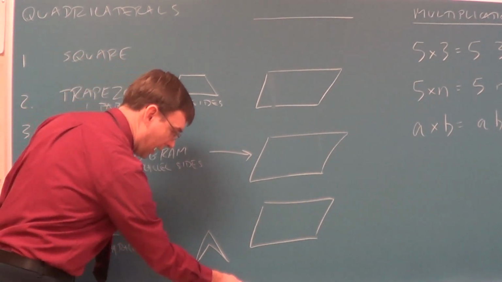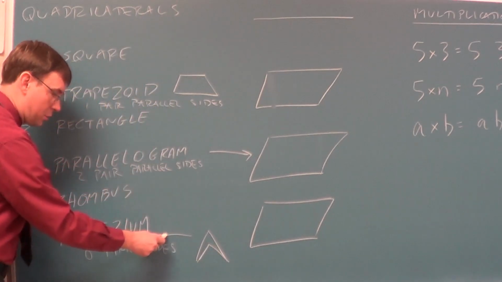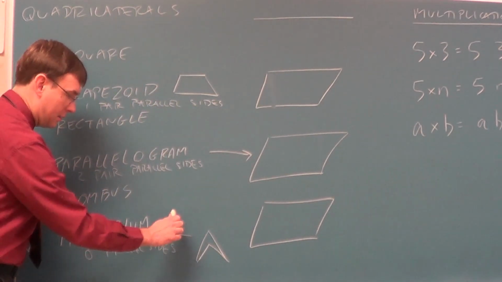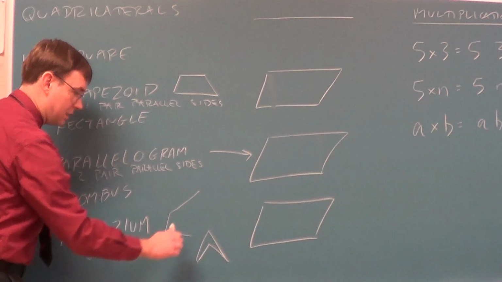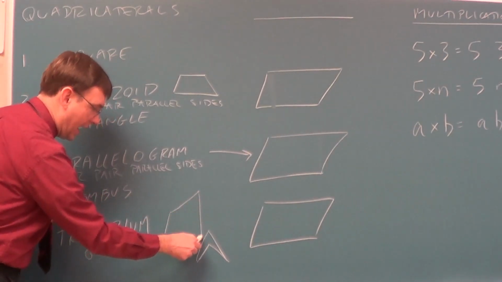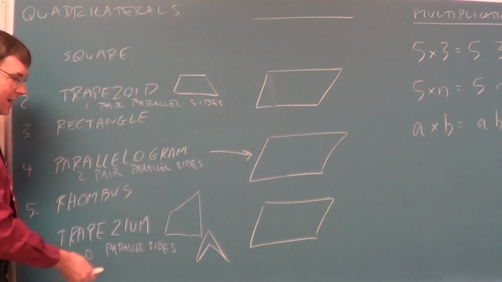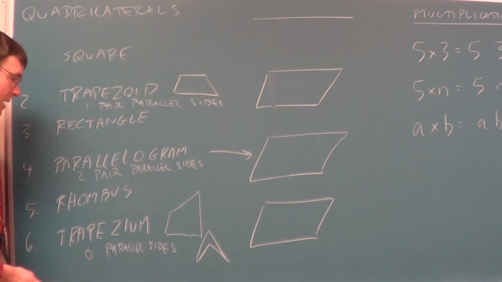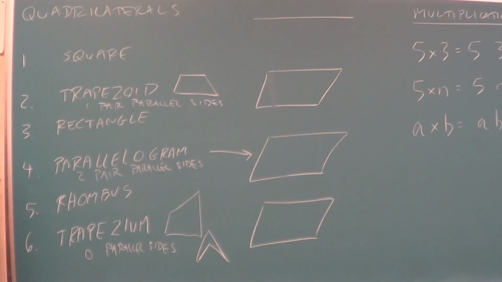Or I could go this way, that way, some other crazy direction, and then come straight down. That's a four-sided thing. Nobody's parallel to anybody. It's just weirdness. That's a trapezium. Those are the three main categories. Okay, so everything has to be a trapezoid or a parallelogram or a trapezium.